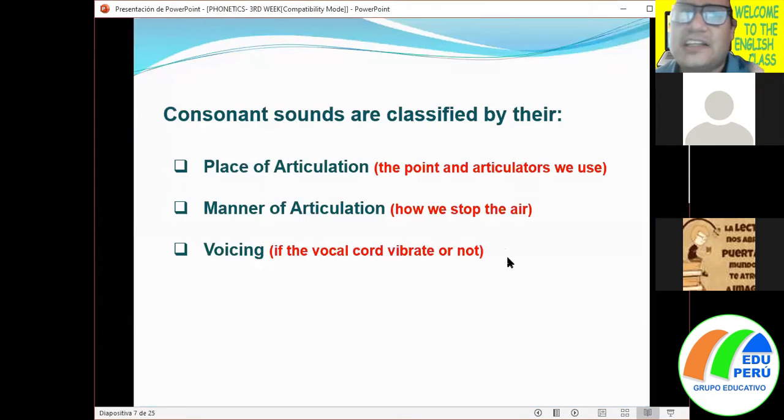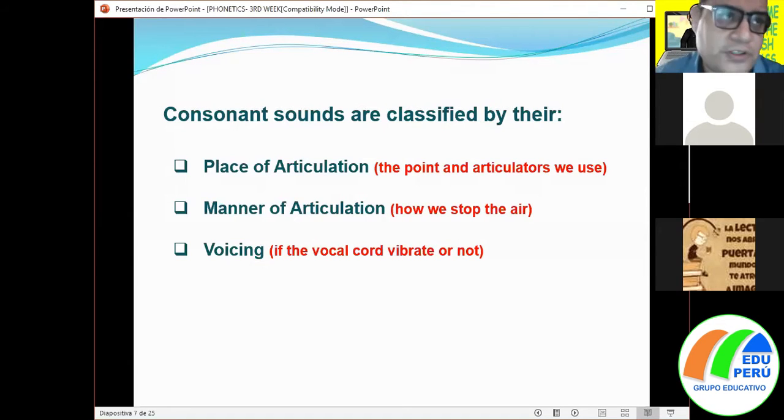Remember, we have 3 characteristics in consonant sounds. Place of articulation: where. Remember this word, where. Where do we produce the sound? Where do we articulate? That's why it's called articulation.